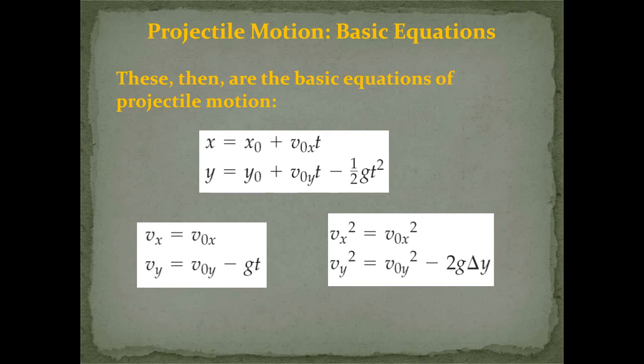And here are those formulas again. And notice now, for the x, we've dropped the acceleration term because there is no acceleration. So here's this formula. This is just saying the velocity in the x direction stays constant. The initial velocity in the x direction will equal the final at some later time, including at the top.